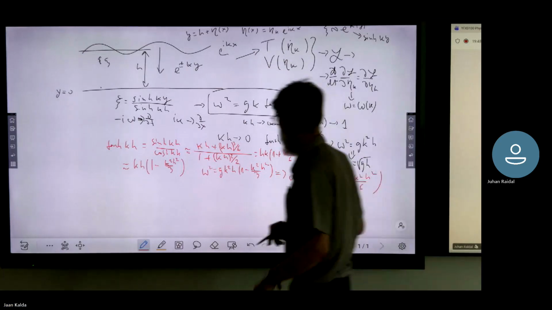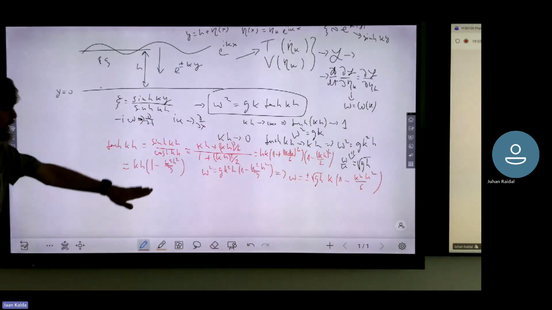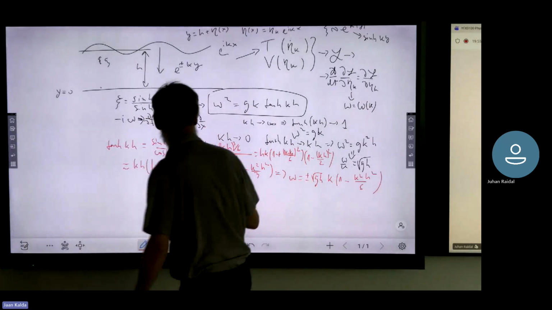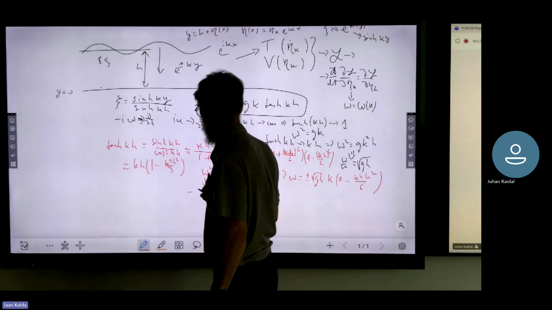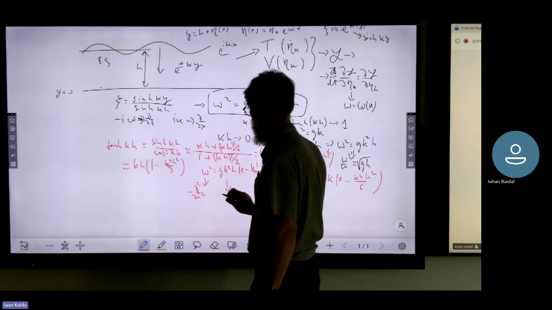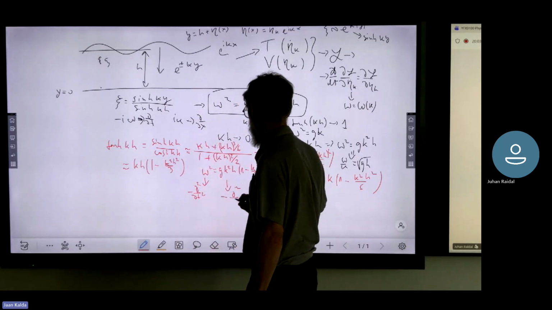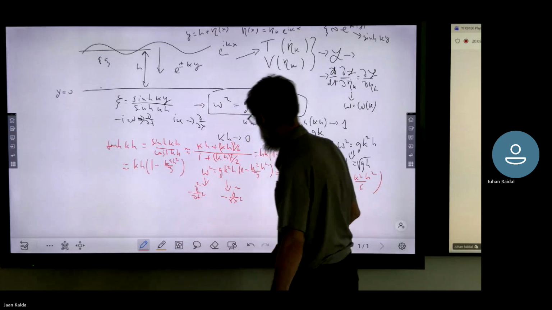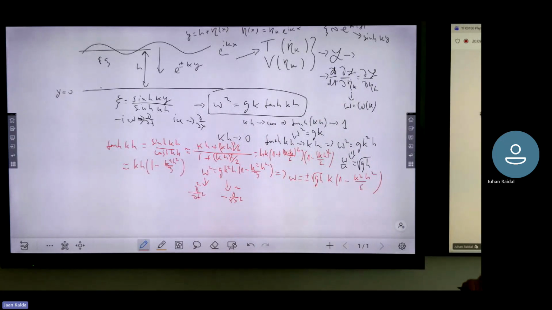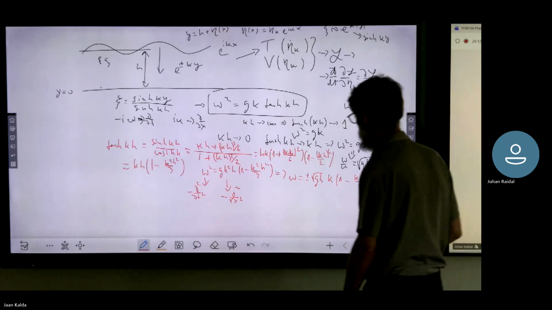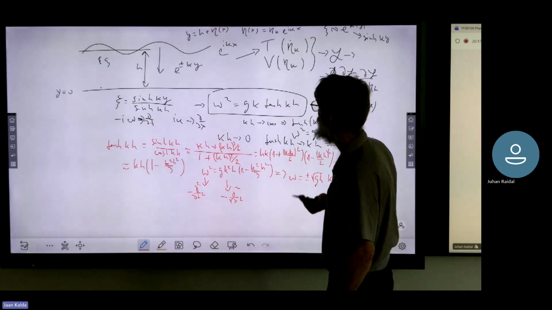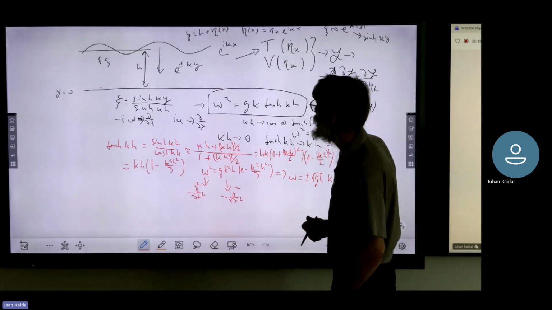So if we did not take the plus minus, then that omega squared would have been minus d squared over dt squared. That would have been minus d squared over dx squared. And then we would have a second order wave equation, a so called hyperbolic equation for whatever we have, the height or speed of particles.